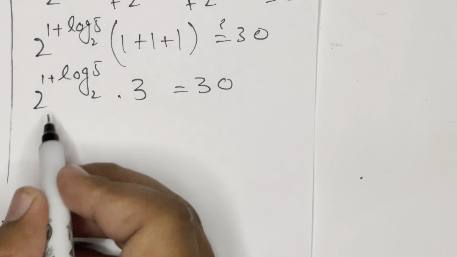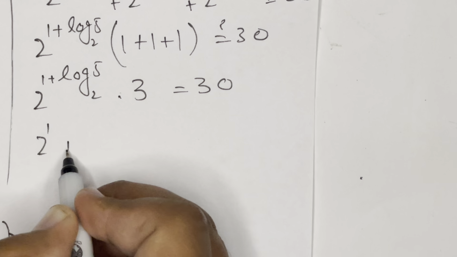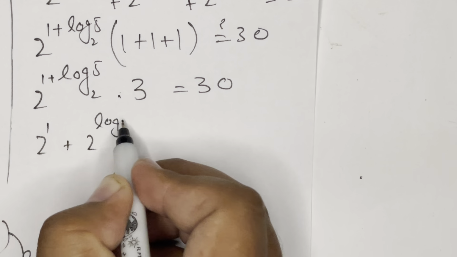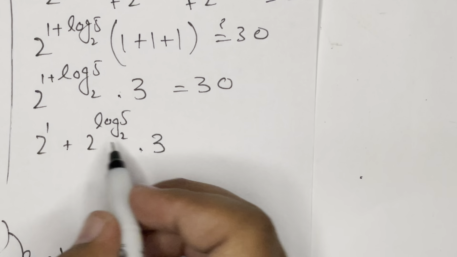I can separate this term like that: 2 power 1 plus 2 power log 5 with base 2, multiply 3.